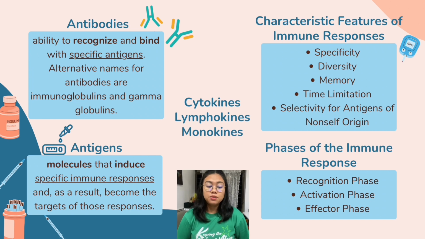The activation phase activates the lymphocyte, which then undergoes proliferation and differentiation. Some of the daughter cells differentiate into cells that actively participate in the immune response, attacking the source of the antigen. And lastly, the effector phase. In this stage, the immune system attempts to eliminate the specific antigen that initiated the response.